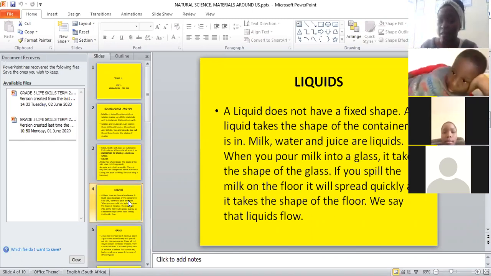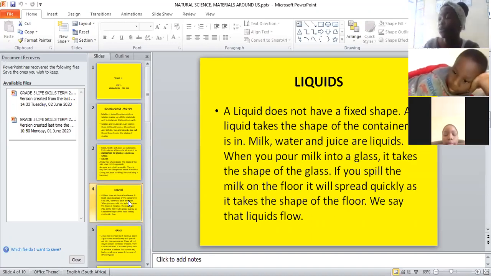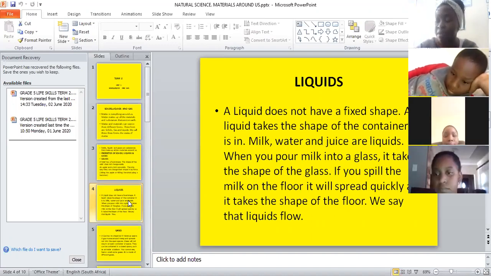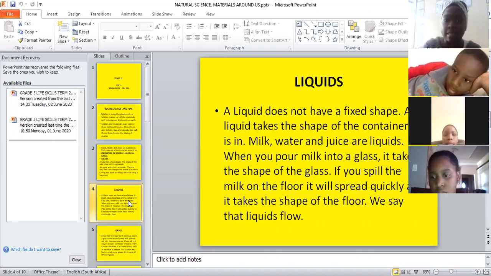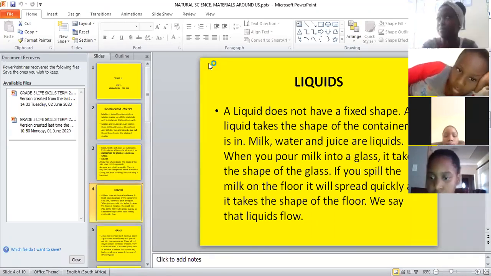Also, pour maybe milk into a glass, then whatever shape the glass is, the liquid will take the shape of that glass. And if you spill the milk on the floor, it will spread all over. It won't be in one place, it will just spread quickly on the floor.